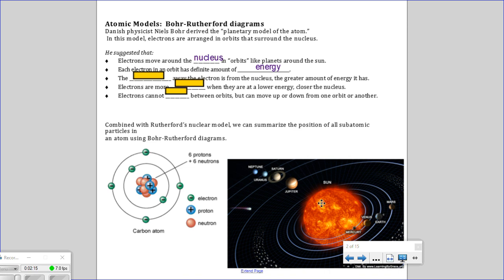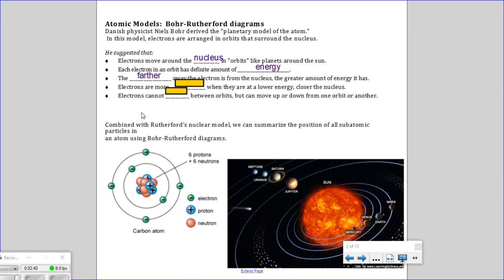That definite energy means that they are found certain distances away, kind of like the planets from the sun. And those electrons stay within those energy levels. You don't have a planet that will leave its orbit. You don't have electrons that typically leave their orbit, although they can.